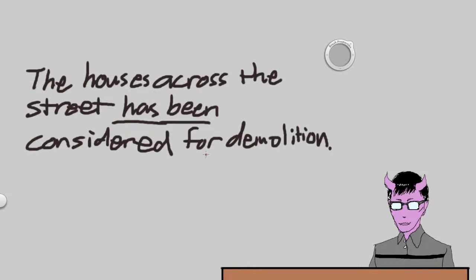So first, you got to identify the verb. The verb has been. Some would argue considered, but I would say considered is not a verb in this situation. So has been will be the verb. Let me write that down. And this is a linking verb because it's has is, actually, is it a linking verb or is it a different type of verb?